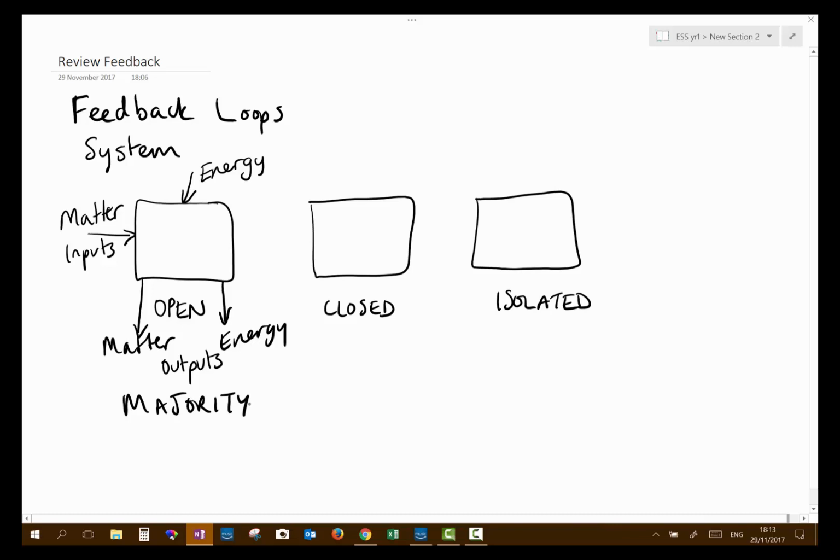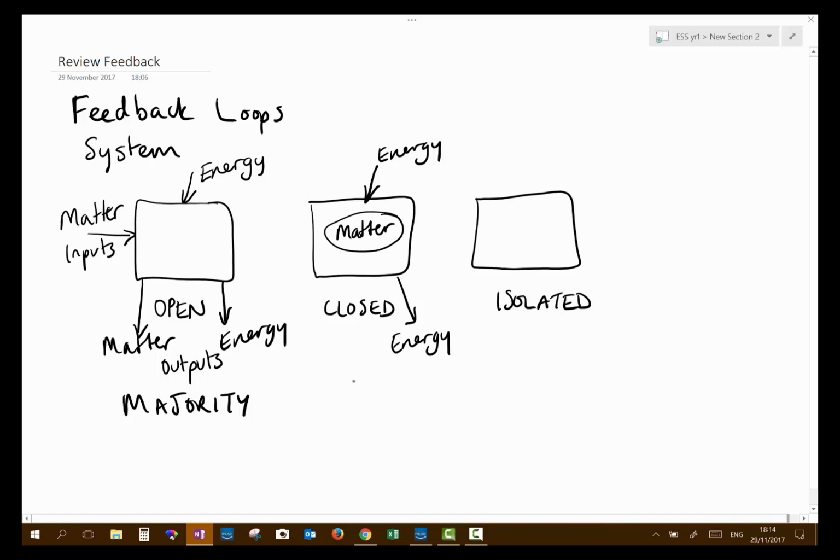Now, you've also got closed systems, and in closed systems you have energy coming in and you have energy going out, but the matter doesn't cross the boundary of the system. It stays there inside.